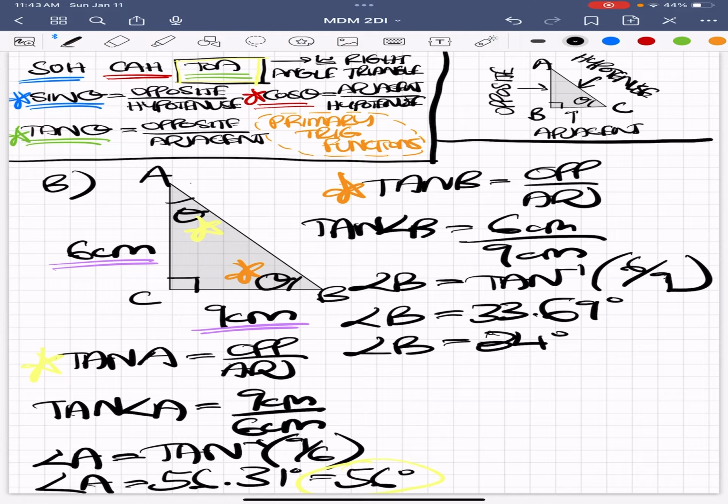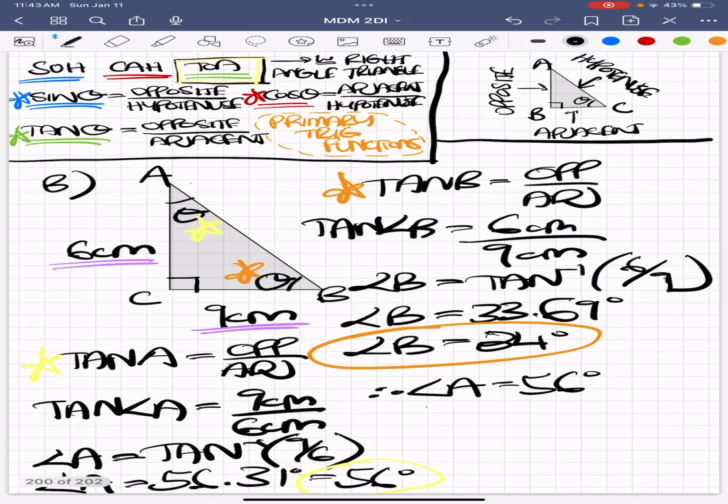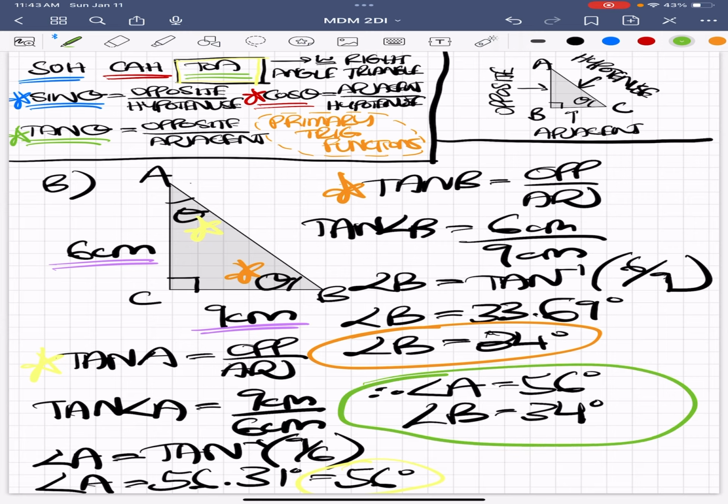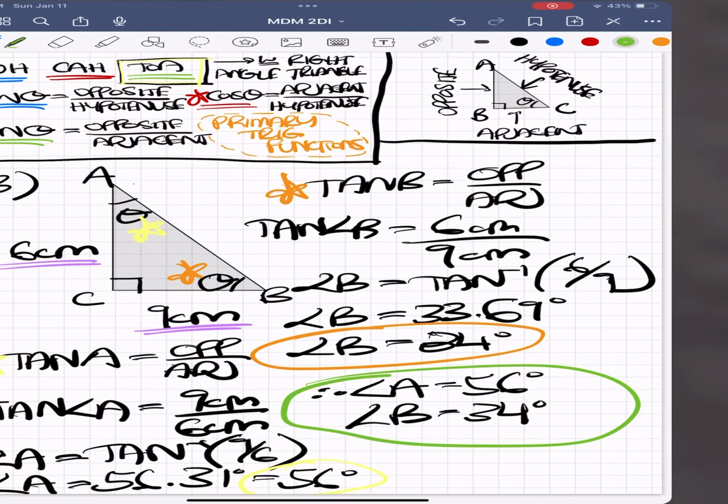And we'll color that in orange. And now we have our therefore statement, angle A being 56 degrees and angle B being 34 degrees. And we'll circle that in green. Okay, so that was question B. And then we're going to move on to question C.